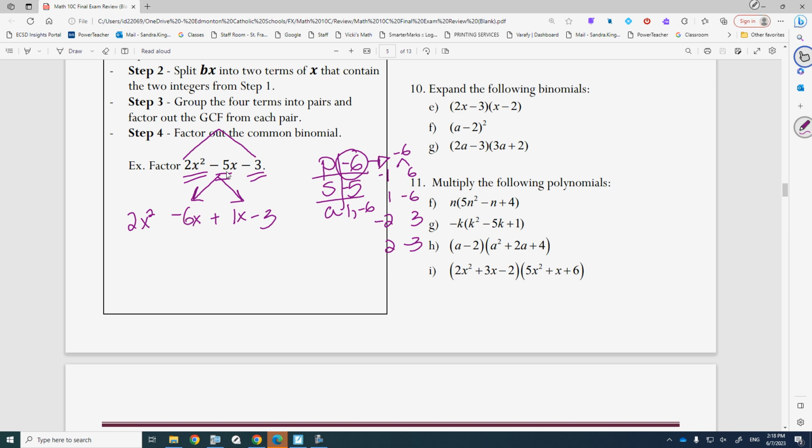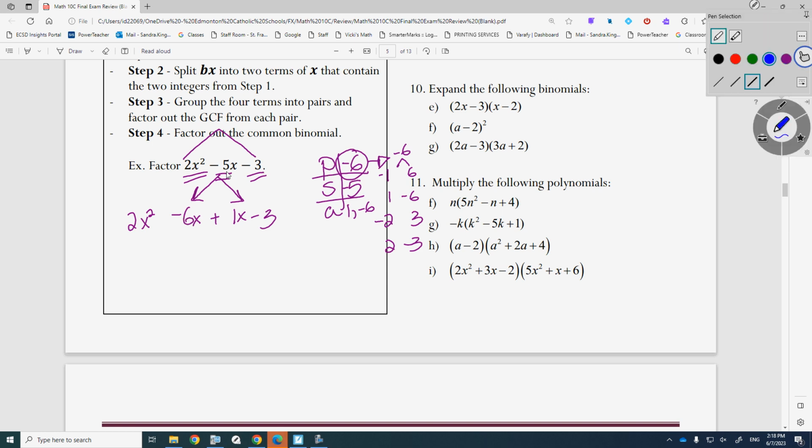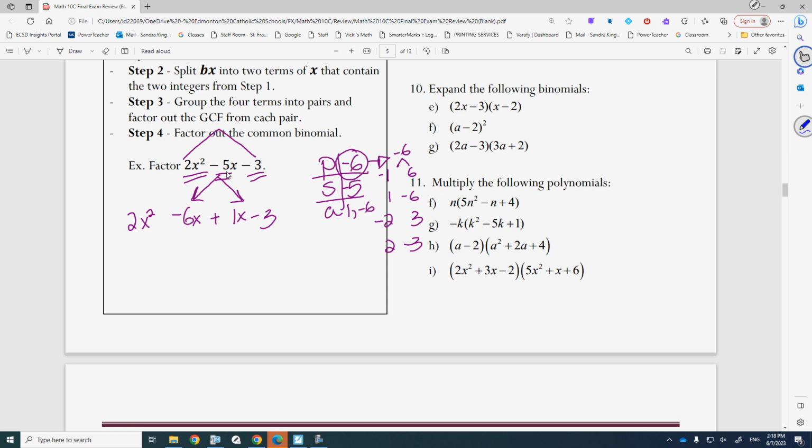Drew, what do I do with 4 terms? Yep. Before, where do we split it? In the middle. You split in half and you group factor. So from those 2 terms, take out your GCF. Christian, which would be what? What can I take out of a 2x squared and a 6x?